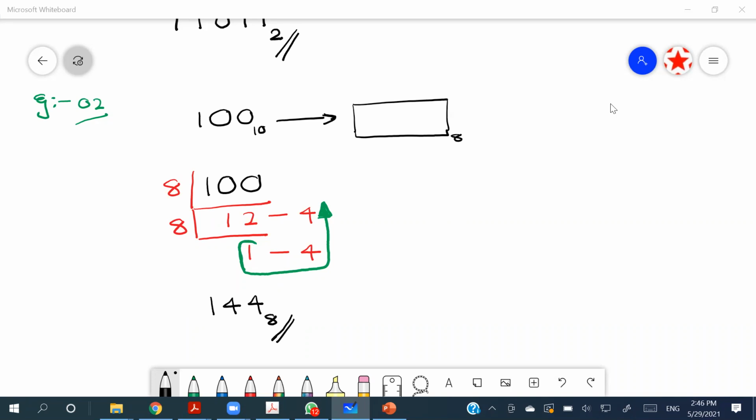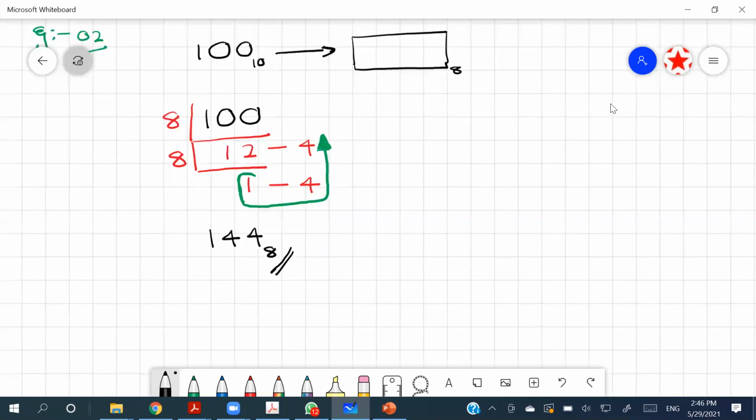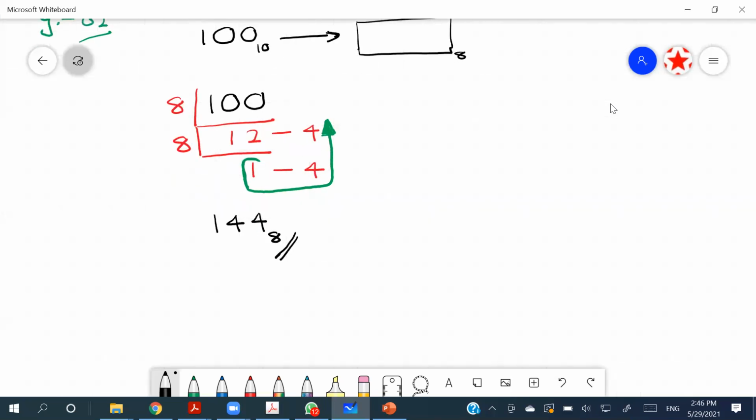So likewise, let's see what happens when we take 200. As a third example, I'm going to convert 200 in decimal into hexadecimal.